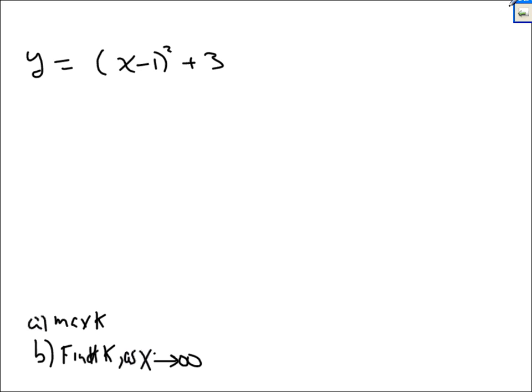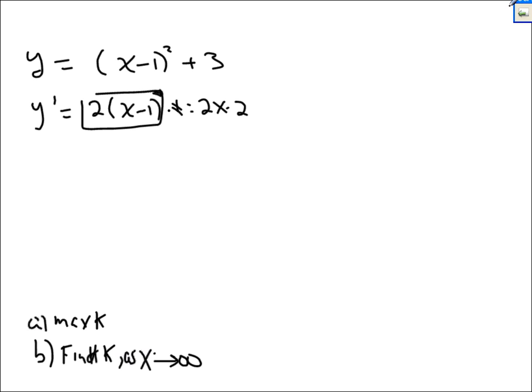So let me find k. And well, y prime is 2 times x minus 1 to the 1 times 1. You don't have to multiply by 1 or denote it, and you don't have to put the power. That is, you get 2x minus 2. Or possibly I'll leave it like that. And y double prime is 2.